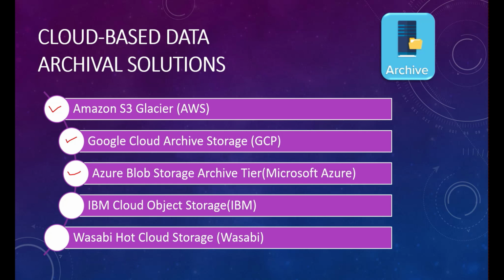If you're talking about AWS, there is the S3 bucket, which is not meant for archival, because that is more cost oriented and it is used to store live data or data which is frequently used. But if you want to use cold storage where you want to archive the data, then you have to use S3 Glacier.